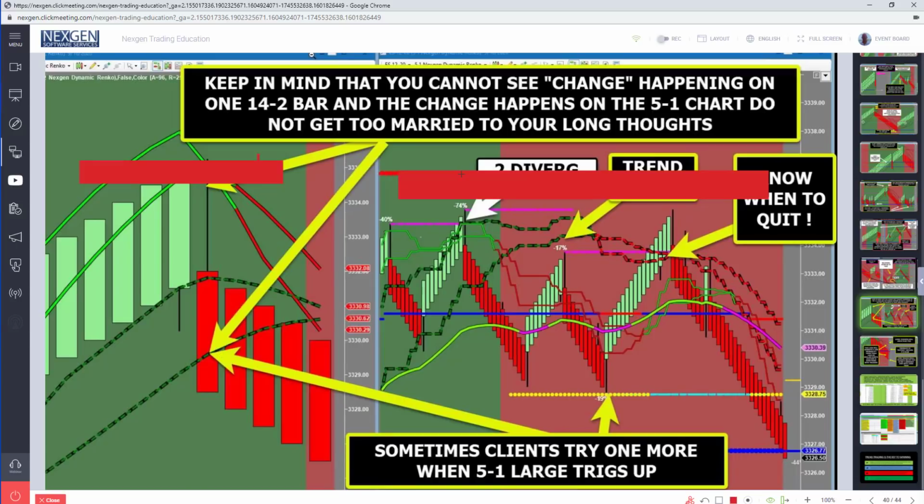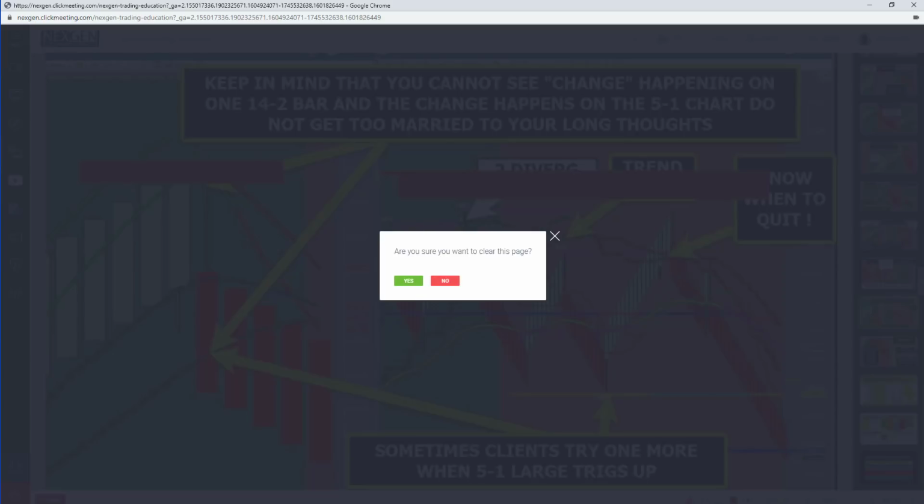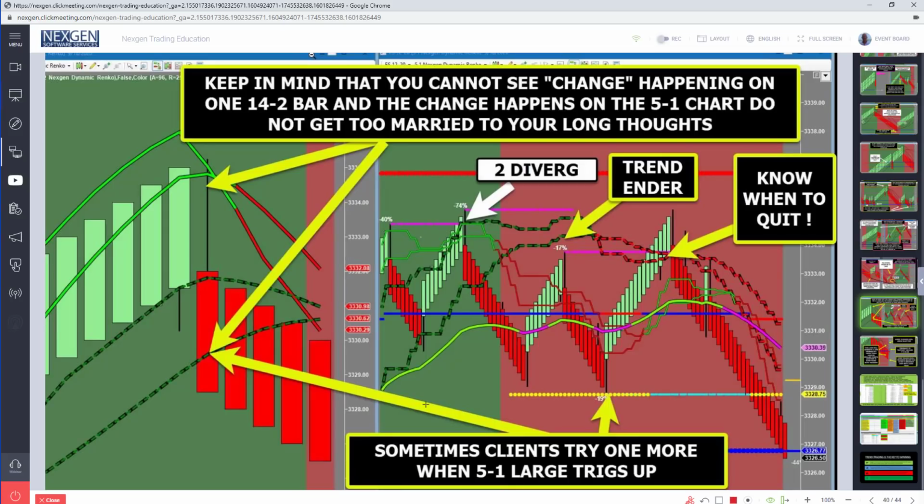Right? 2 divergences will probably end the trend for you if you hit resistance. If it was support, then you would probably still do another one. If it was resistance, then you wouldn't. So again, a lot of it depends on what you have up here, what you have down here, on whether or not you're going to continue taking a trade.